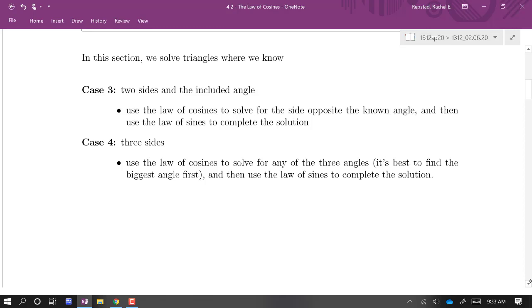We can solve a triangle if we know 2 sides and the included angle. So maybe this side is fixed, that side's fixed, and I know that angle. So that obviously will fix that side. If this side length is fixed and that side length is fixed and the angle is sort of welded at that measurement, that'll fix the other side. We can use law of cosines to solve that. And then in the last case, if I just know all 3 sides, we can use law of cosines for that.